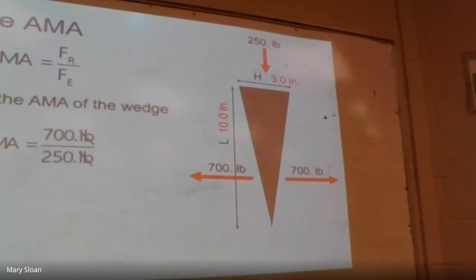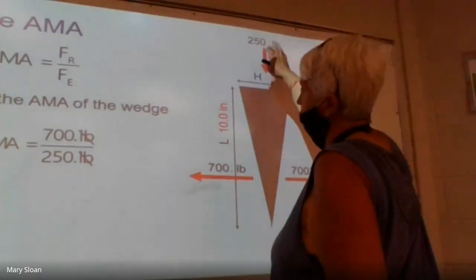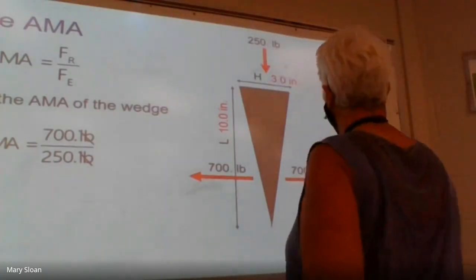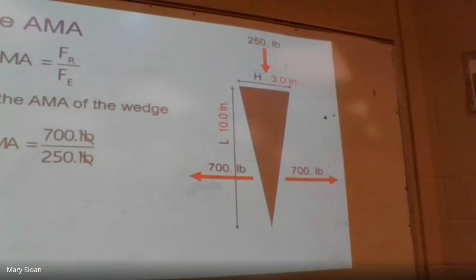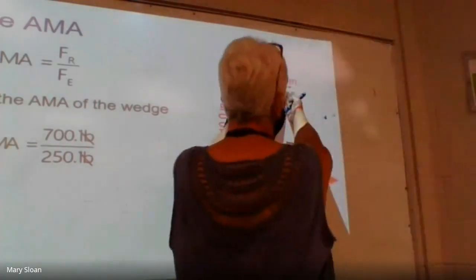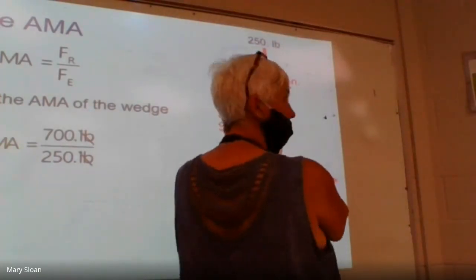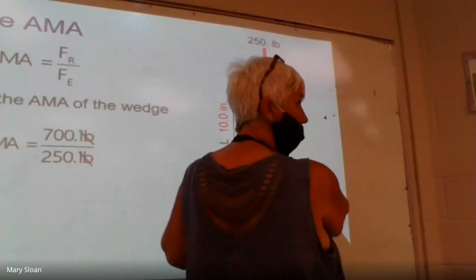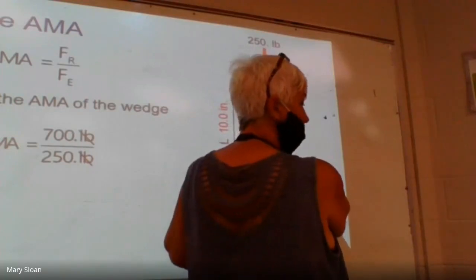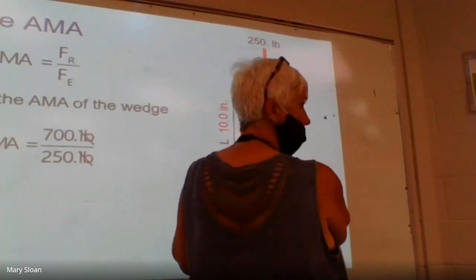So it says 700 divided by 700. Because if you can see, this wedge here is going in and actually has an equal amount of pound force here because it is a wedge. So these numbers should match.